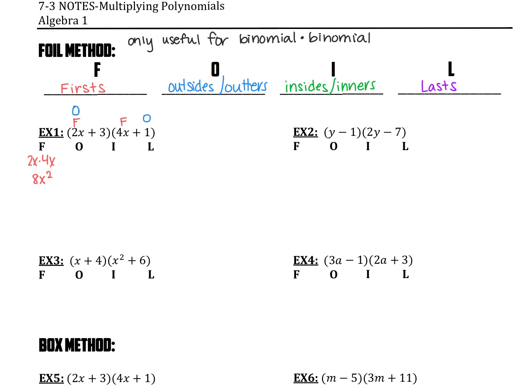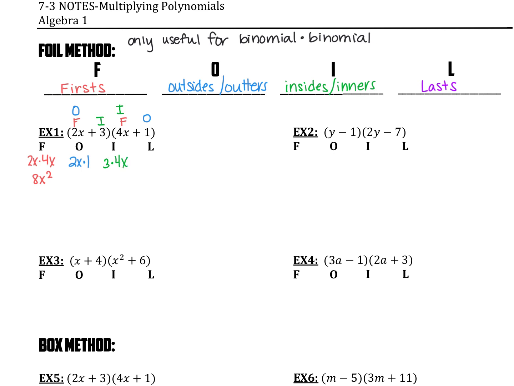So I'm going to multiply a positive 2x times 1. Then my insides. Well, my insides are the inner 2 inside of the parentheses. They're the ones squished together. Okay, so those 2 squished together, this 3, this 4x are my inners. So we would do 3 times 4x.